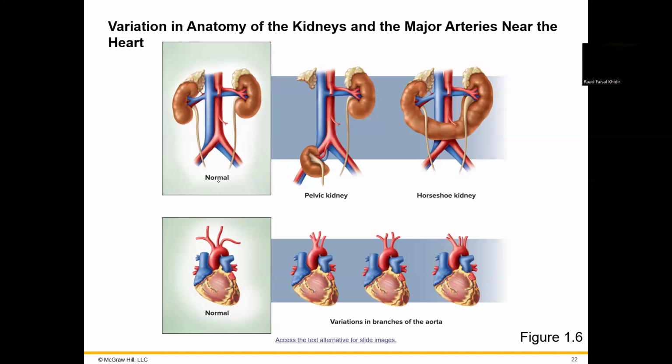Every other valve in your body is tricuspid, which has 3 doors like this. She was supposed to have an aortic tricuspid valve. She had an aortic bicuspid valve. It's just an anatomical variation. It's not a problem.